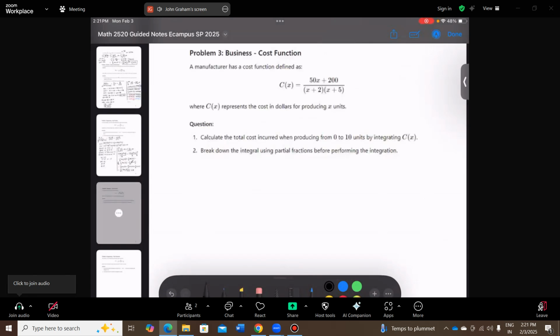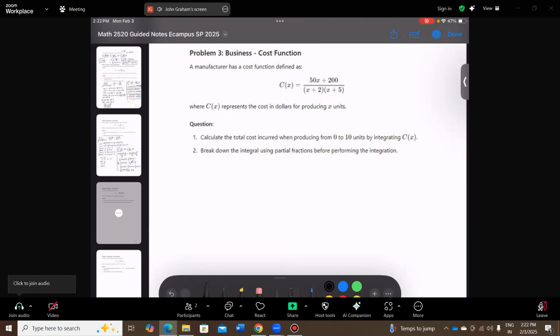Next one, business one. A manufacturer has a cost function determined by the equation below. C of x represents cost, x is units. We're going to find the total cost incurred from producing 0 to 10 units.